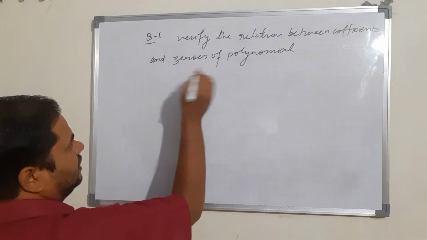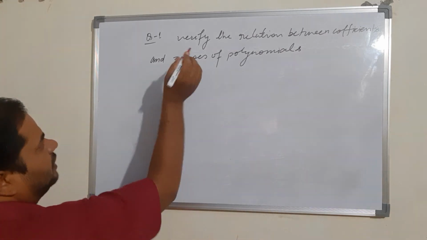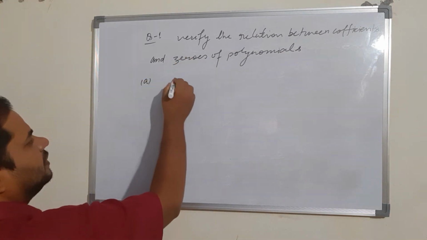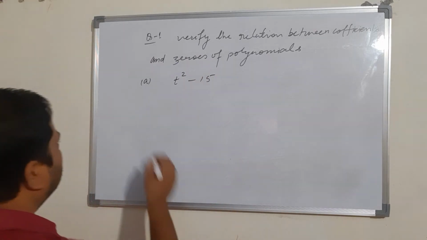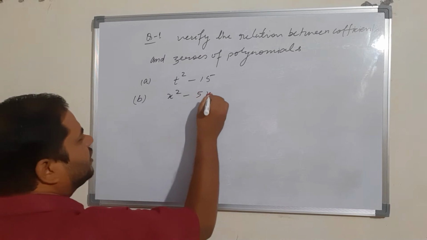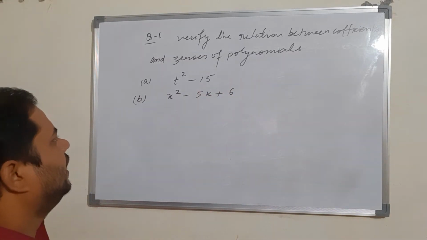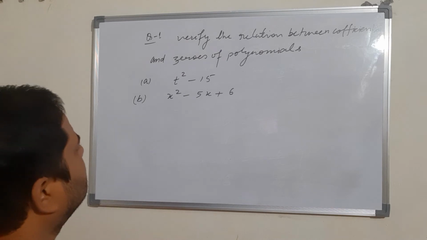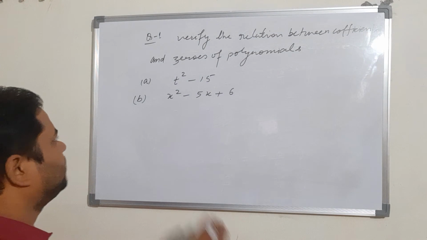Suppose we consider polynomials; we have to consider 2 or 3 questions. The first, from NCERT, is t square minus 15, and the second is x square minus 5x plus 6. Similarly, other questions we can take. Okay, so see the first one.